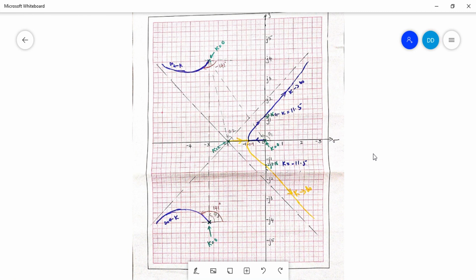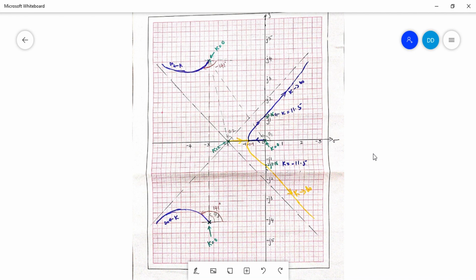At those points I have written k equal to 0, so you can observe k is equal to 0 at the poles. Next, indicate the breakaway point at minus 0.9. Then mark the intersection with the imaginary axis at j1.16 and minus j1.16, where the k value is 11.5.